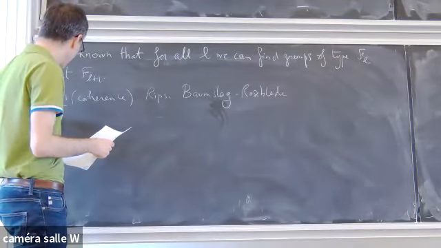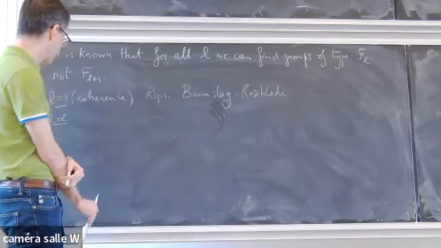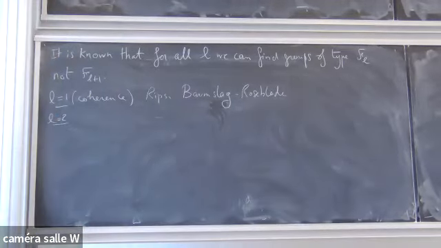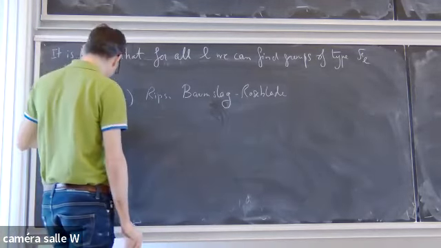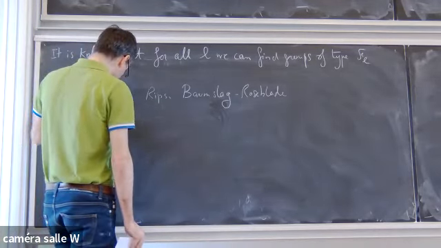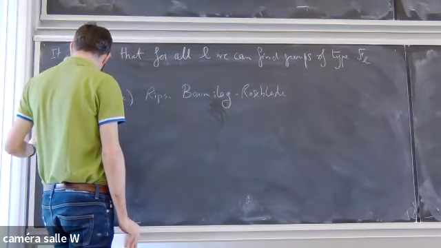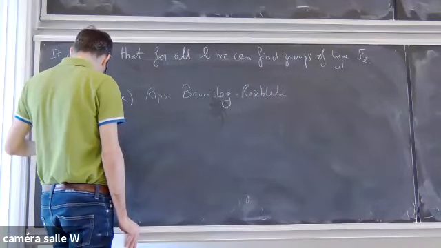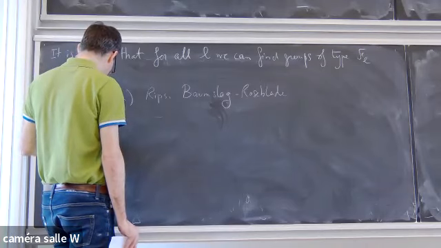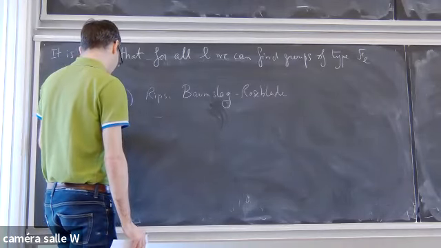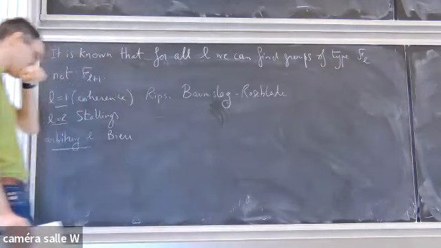For L equal 2, I think the first example of a group which is F2, so finitely presented but not F3, was given by Stallings. And for arbitrary L, some examples were built by Bieri.